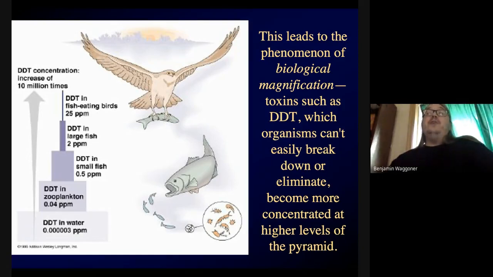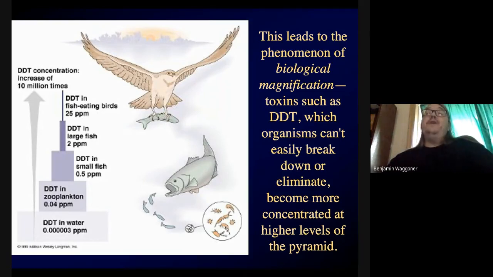So the concentration in the zooplankton is over 1,000 times greater because every zooplankton eats thousands of little algae. Every tiny fish would eat hundreds of tiny little shrimp.